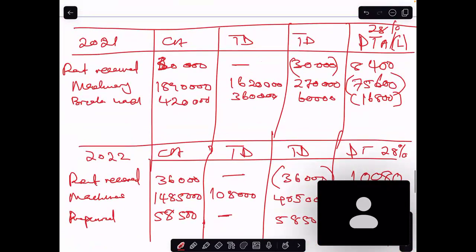How do we close? What we are looking for here mainly is our temporary differences. Our interest is in temporary differences. Right, in 2021, how much is our temporary difference? Minus 30 plus 270 plus 60. Give me the answer.